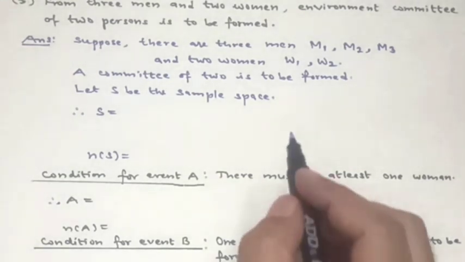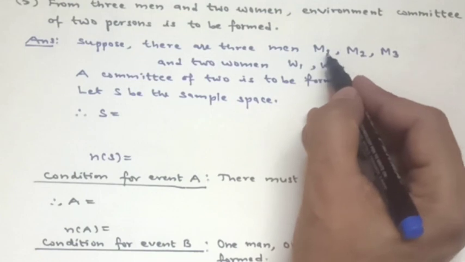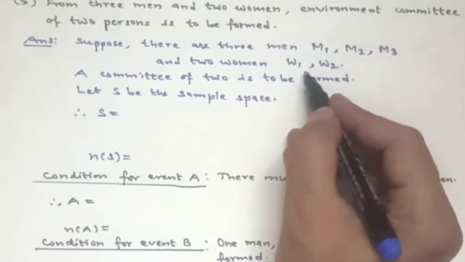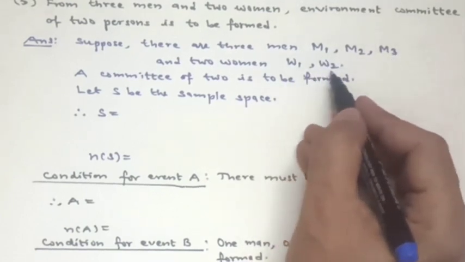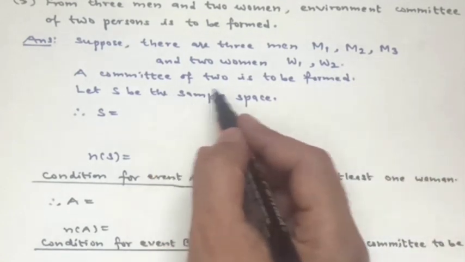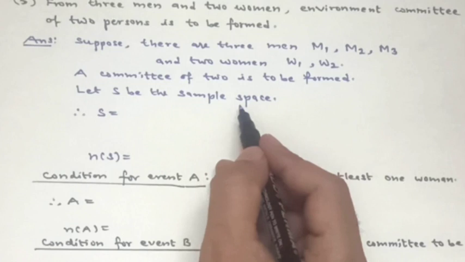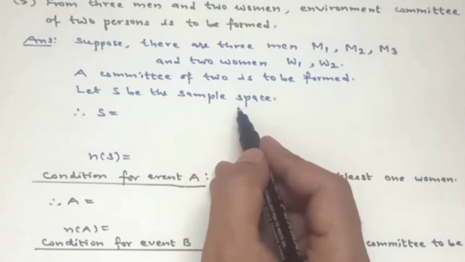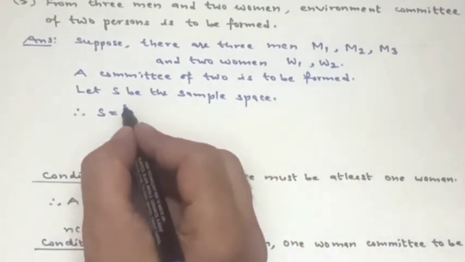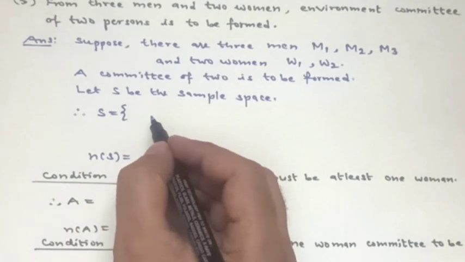So men M1, M2, M3, women W1 and W2. A committee of 2 is to be formed. Let S be the sample space. So how to write now? Here, check the combination.